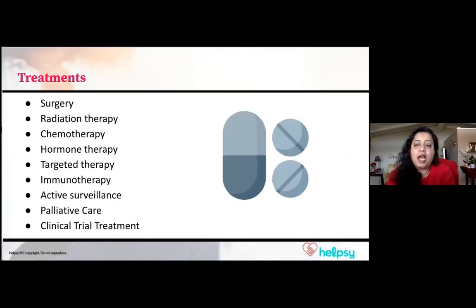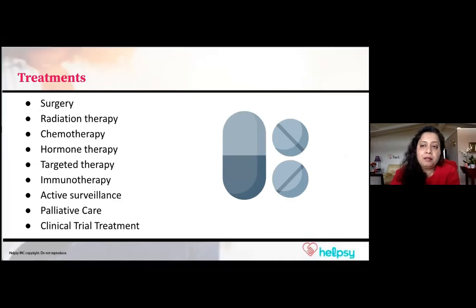Based on this type of stage and the cancer and many other factors, we have several protocols that help us to determine what kind of treatments we can offer. So that's where your oncology team would be working on determining the best way to tackle this cancer, what kind of treatment we're going to give.